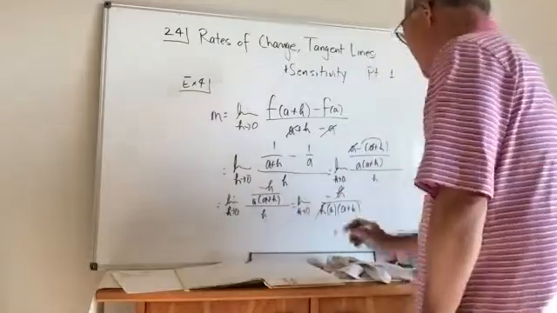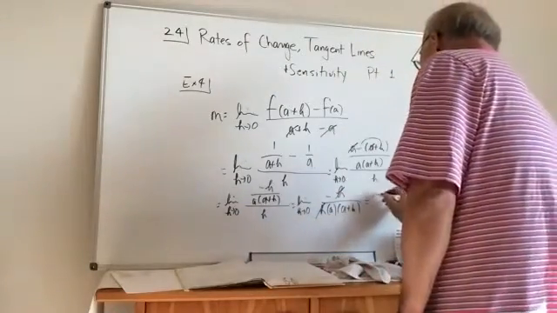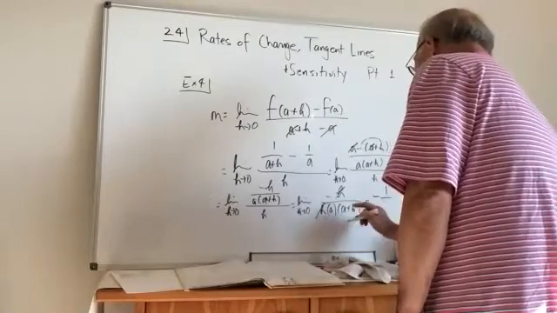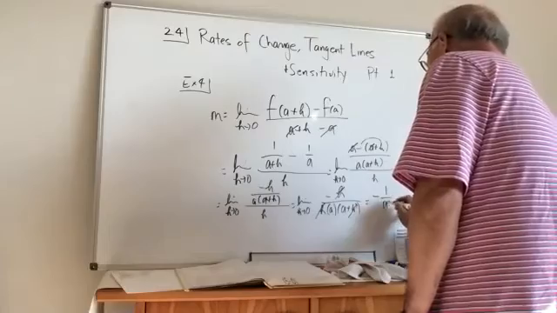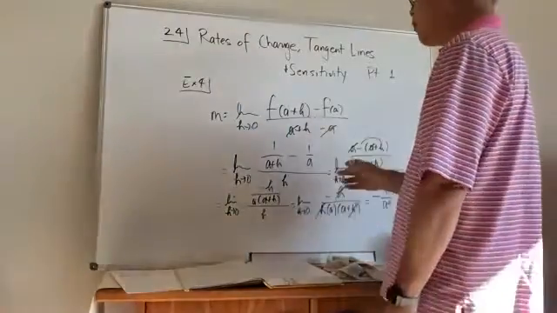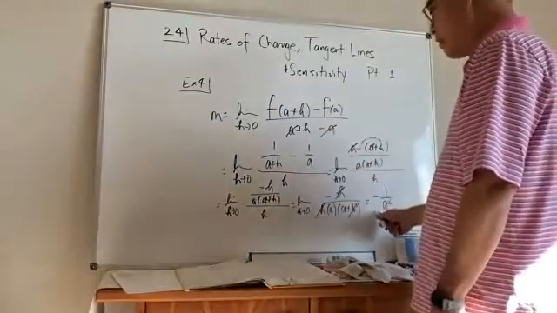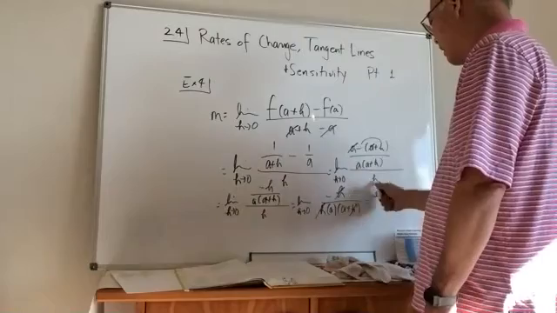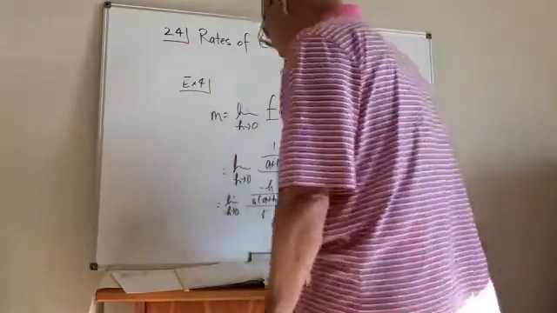These two cancel out, and h goes to 0, so I'm left with minus 1 over a times a, which is minus 1 over a squared. Okay, so at point A, the slope of the tangent line is minus 1 over a squared.